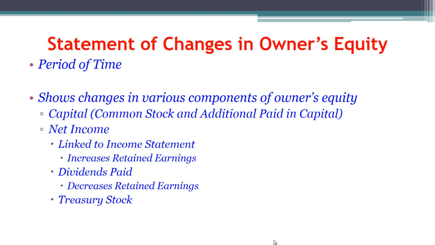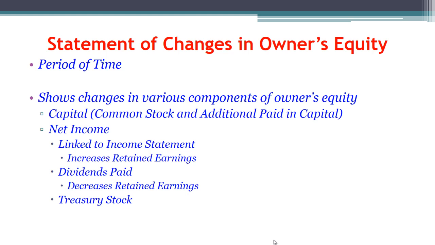Then we have net income, which feeds into the retained earnings. We talked about that early on. So we have the capital itself, and then we have the earned capital, which is the retained earnings. So net income is the link from the income statement to this statement. It increases retained earnings. We subtract out any dividends paid. That decreases retained earnings.